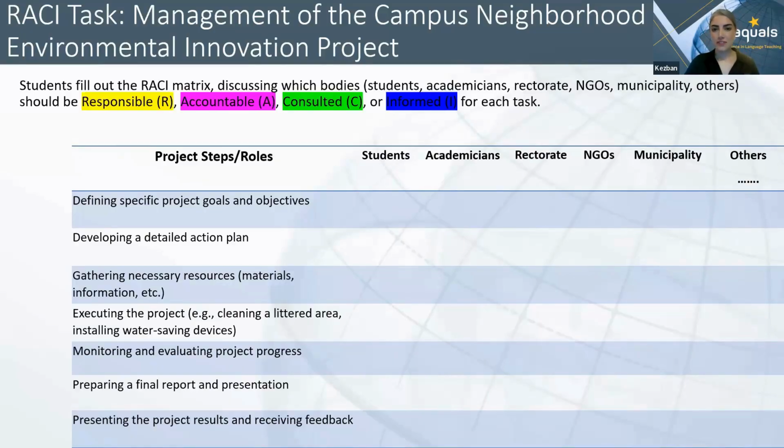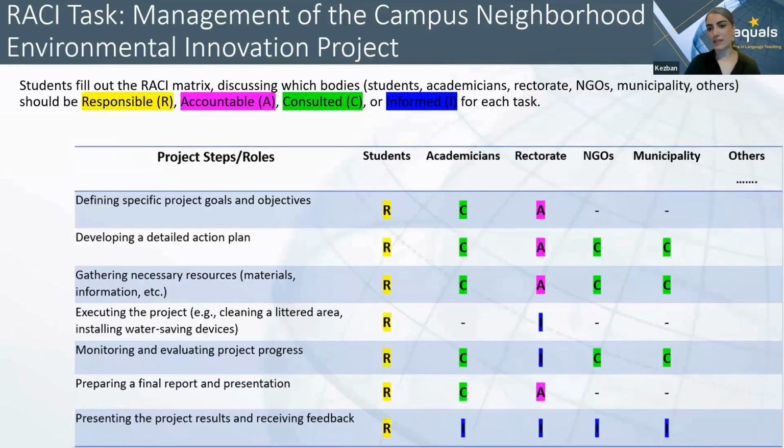So a completed task would look like this. Students would be deciding, for example, executing the project. They thought they would be responsible for it, like cleaning a littered area, and the rectorate should be informed about that.